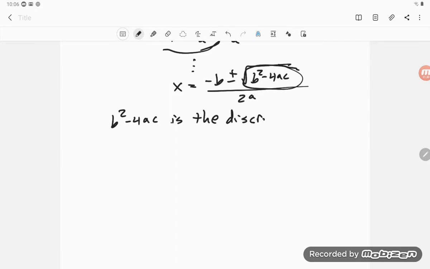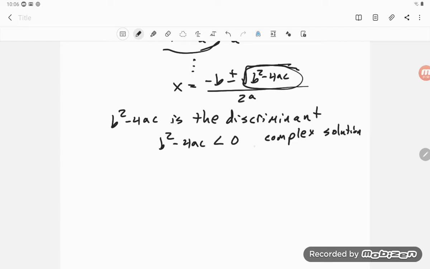And that's also a good name, discriminant, because it discriminates between three types of solutions. If b squared minus 4ac is less than 0, we get a complex solution, complex conjugates, as a matter of fact.